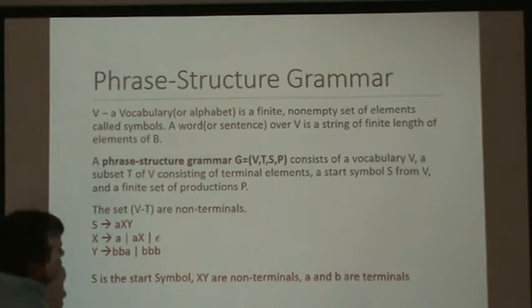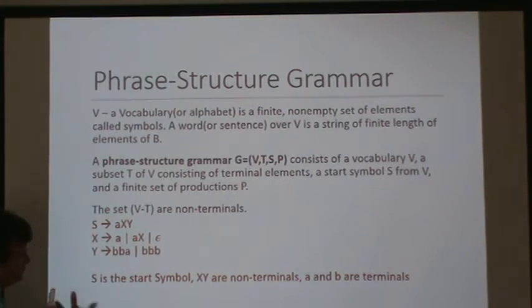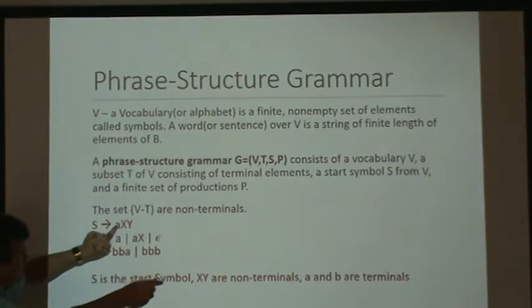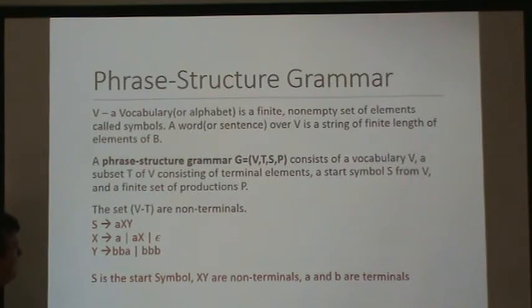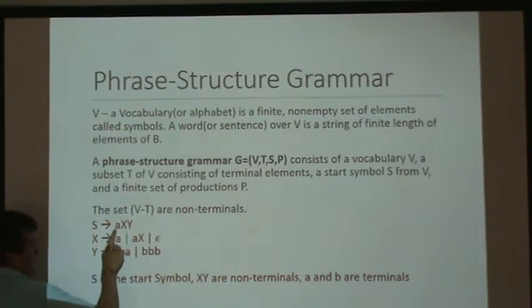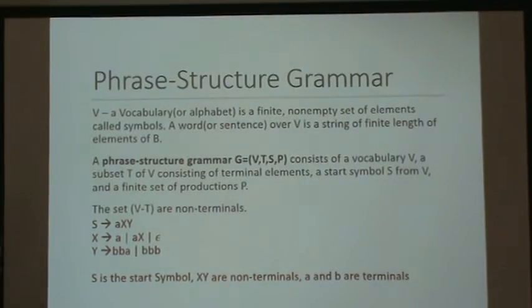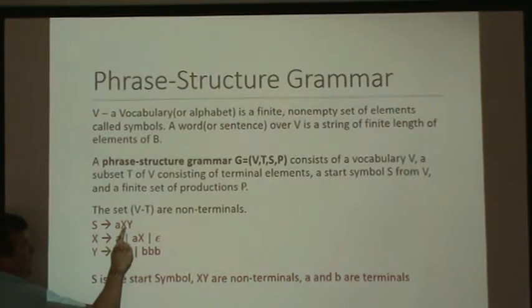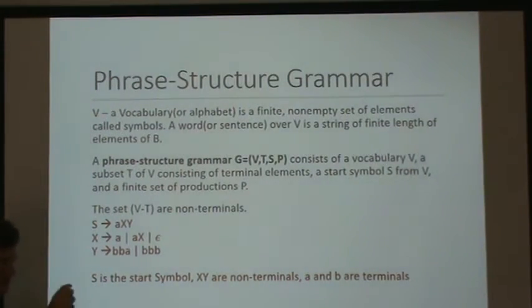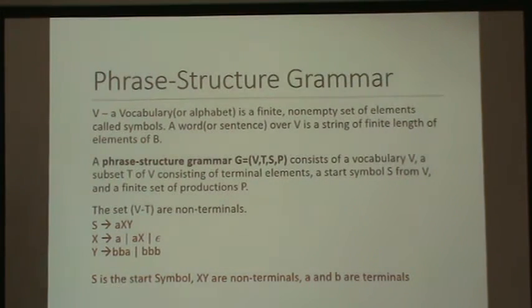So a phrase-structured grammar has the components we just went over. We have a start symbol, and then we say the start symbol is broken up into smaller components. It's typical to write small letters to mean the things that you actually see in the sentence, the terminals, and capital letters to mean non-terminals, things that have to be broken down into smaller pieces.